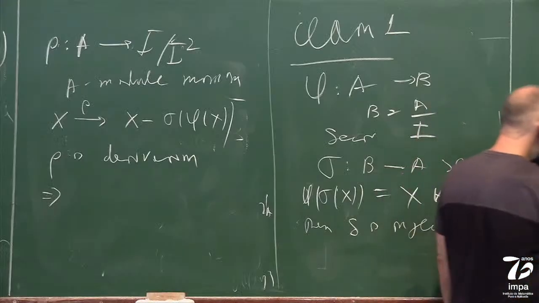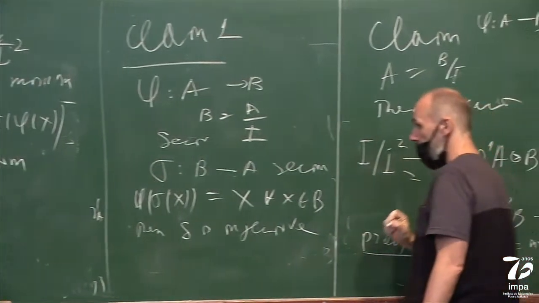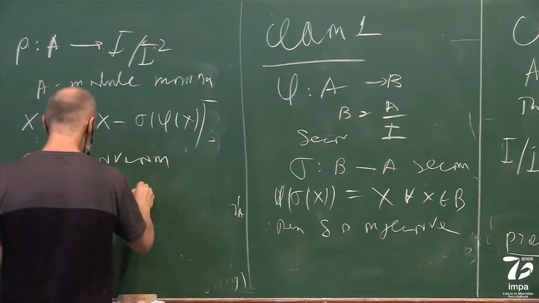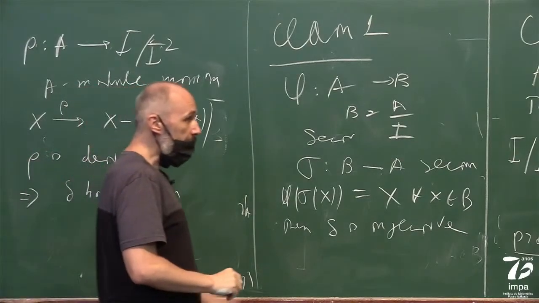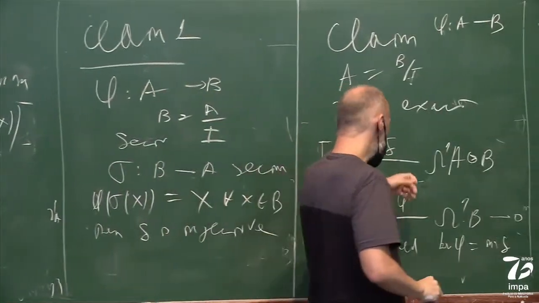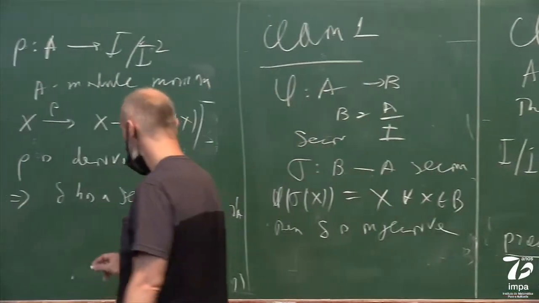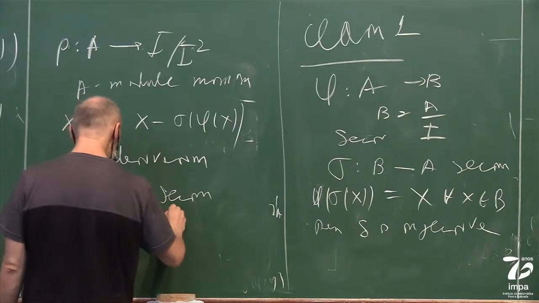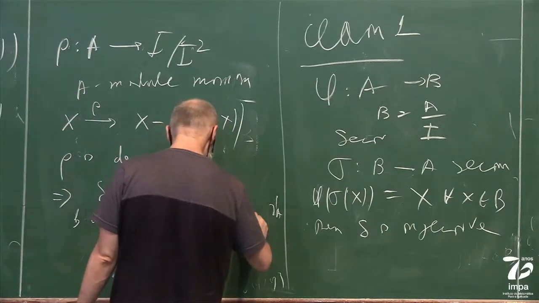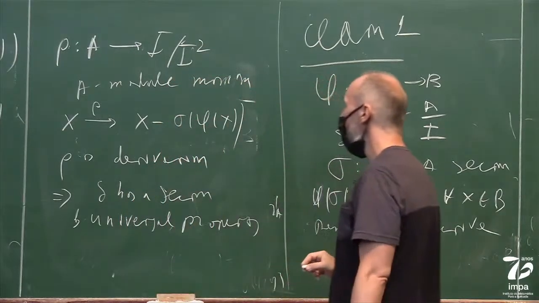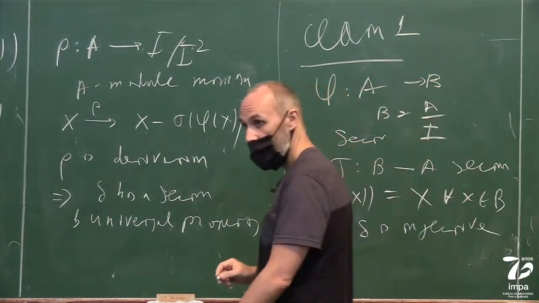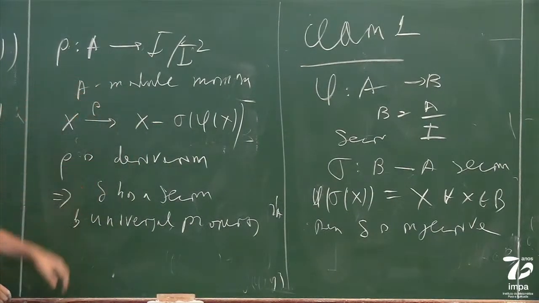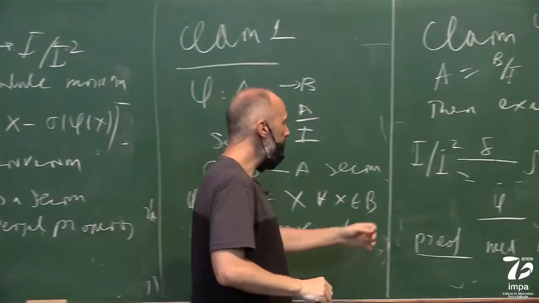And this implies that this map actually has a section. So delta has a section, by the universal property of differentials. Here we actually use that this map vanishes on the ideal.